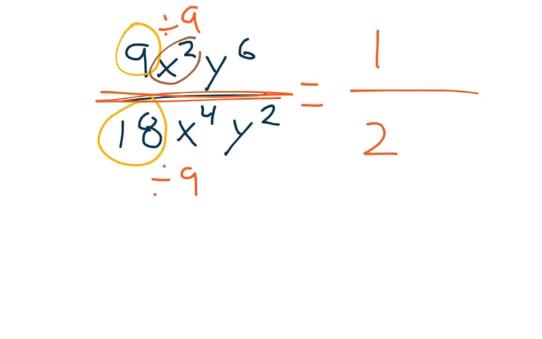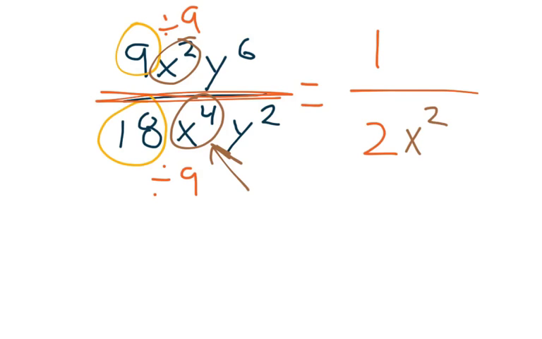So regular numbers you reduce like you did since elementary school. Now what about the x^2 and x^4? Well, with divide and exponents, guys, you subtract. Again, with divide and exponents, you subtract. So I know that 4 minus 2 is 2, but notice the higher power is in the denominator. That's why the x^2 is going to be in the denominator.